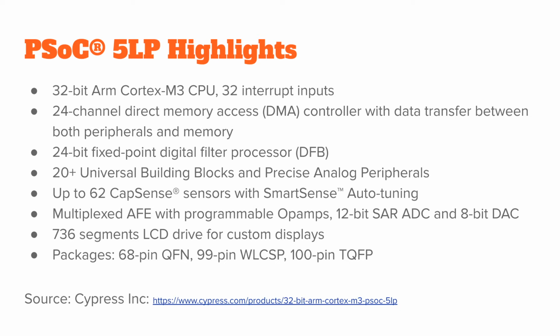And then it also has these different building blocks. I will go through those with the tool set later on. And it has 62 capacitive sensors. So basically you can have a capacitive sensing keyboard implemented on a single chip processor. And then it also has the analog filters or operational amplifiers, analog to digital converters or digital to analog converters.